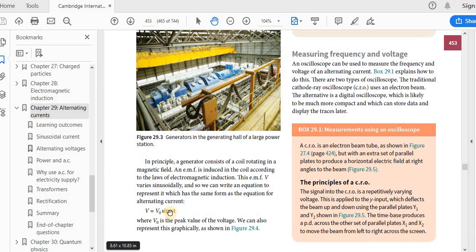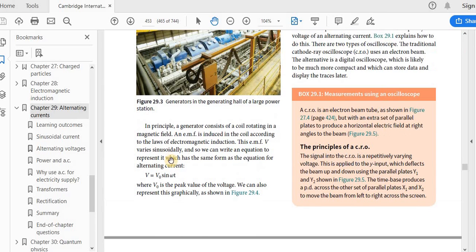Again, like I said, this omega t should be in a bracket. When you are entering it in the calculator, don't enter it without the bracket, because the calculator will take sine omega and then multiply the result of that by t if you didn't use a bracket. But if you use the bracket, the calculator first will take the product of omega t and then take the sine of that. So remember to use a bracket after the sine and put omega t inside that bracket.